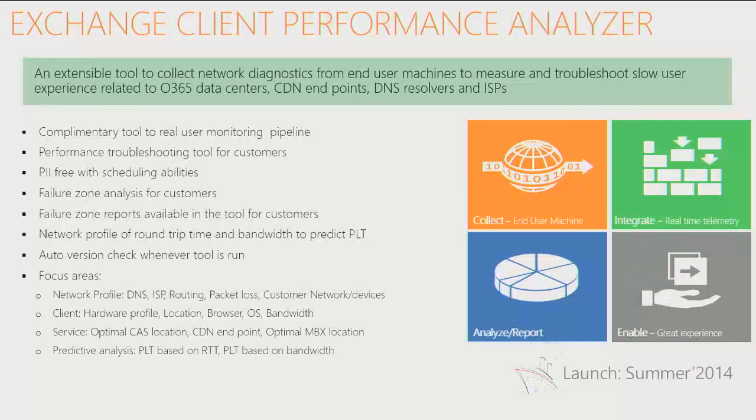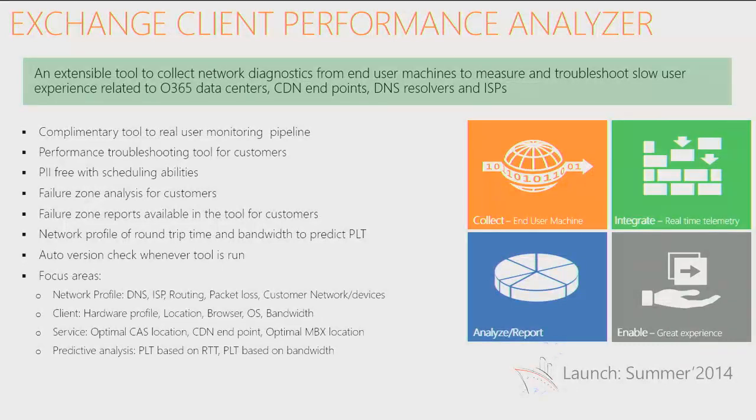We look at what kind of hardware profiles, especially device types and browser versions, you are using. Browser versions do matter when it comes to end user experience. All the modern browsers, IE10 and above, give a much snappier experience compared to legacy ones because they have app cache and all those goodies and acceleration protocols built into the browser itself.